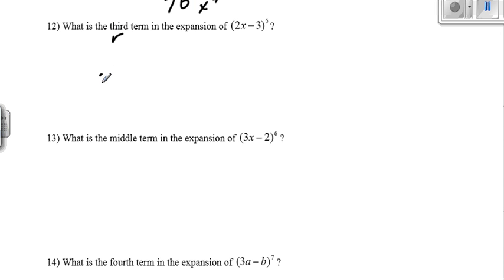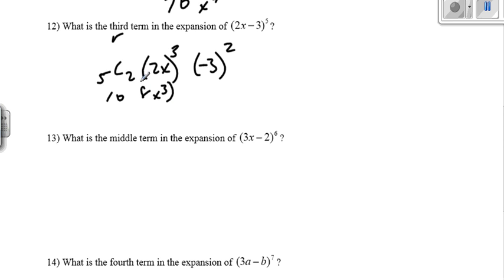So this is going to be 5C2, 2x. Now, 5 minus 2 is 3. Negative 3. 5 minus 3 is 2. So 5C2 is 10. Times 8x to the 3rd. Times 9. 720 x to the 3rd. Good.